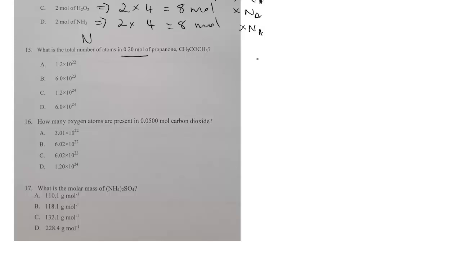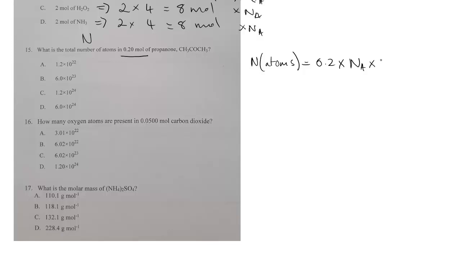Alright, so with question 15, we're going to find the number of atoms. We are going to be using the 0.2, multiplying it by Avogadro's constant, and we have to convert it into atoms, not propanone.